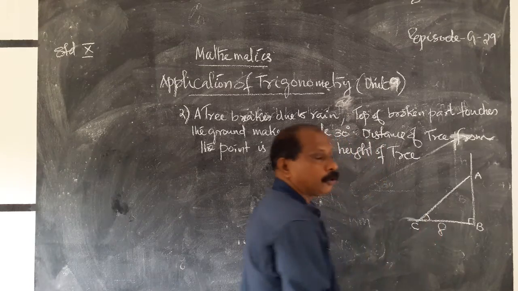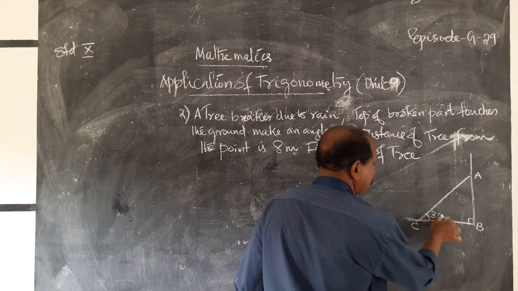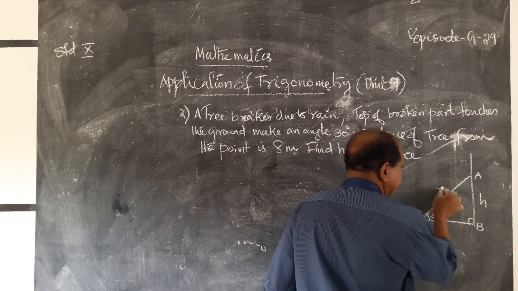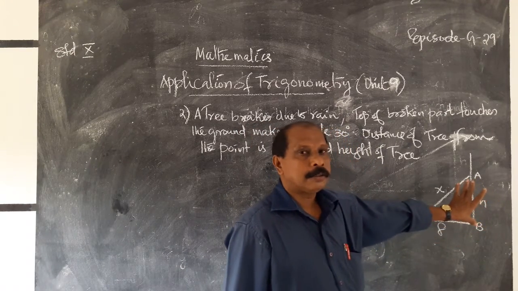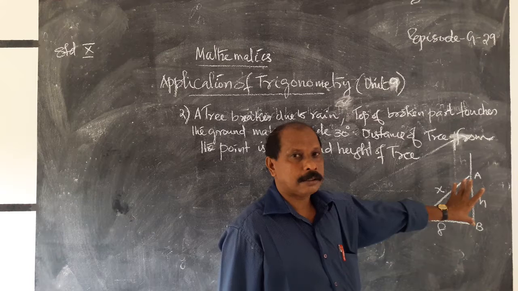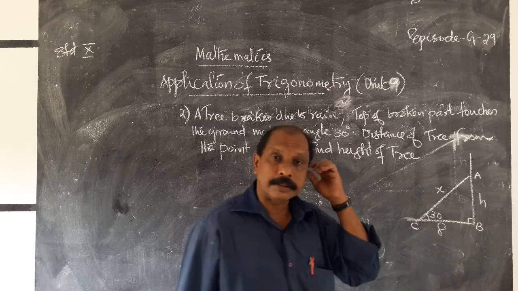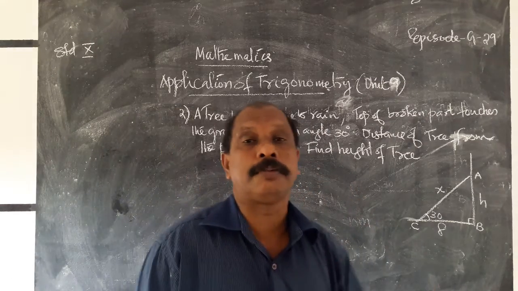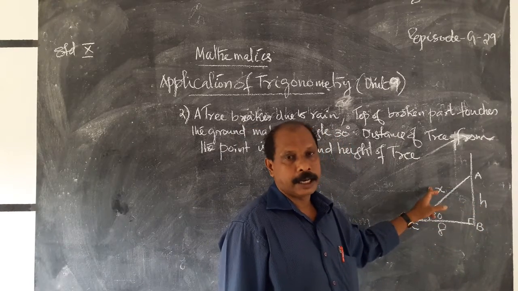And the angle made by the broken top with the ground is 30 degrees. This one is h, this one is x. That means h is the height of the unbroken part of the tree, and AC is the length of the broken part. The total of these two is the height of the tree. That means h plus x is the height of the tree.